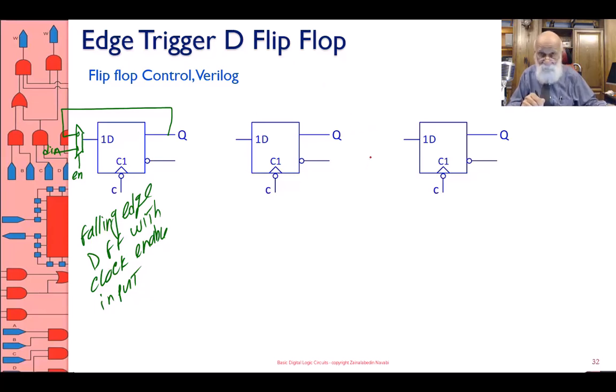This is all I have. I cannot go inside that, but I do want to add a reset to it. The only reset I can add to it is a synchronous reset. Okay? I cannot go through this, so I have to go through my D input. This is how it works.